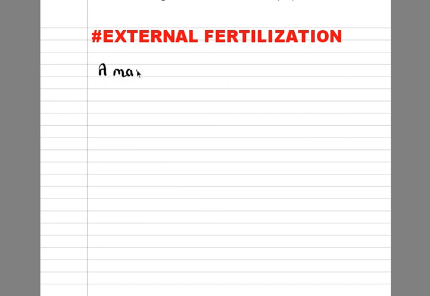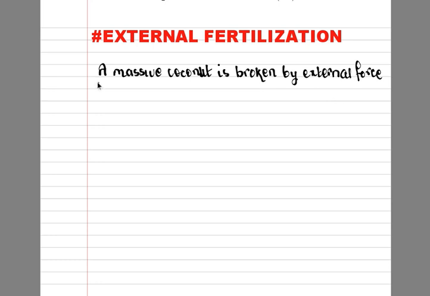A massive coconut, assume there is a big coconut, massive sized, is broken by external force, means somebody applied external force and broke the massive coconut into two hemispherical cups.